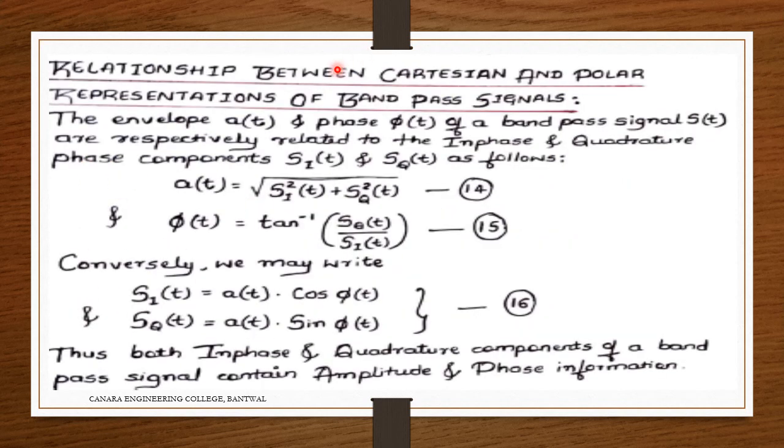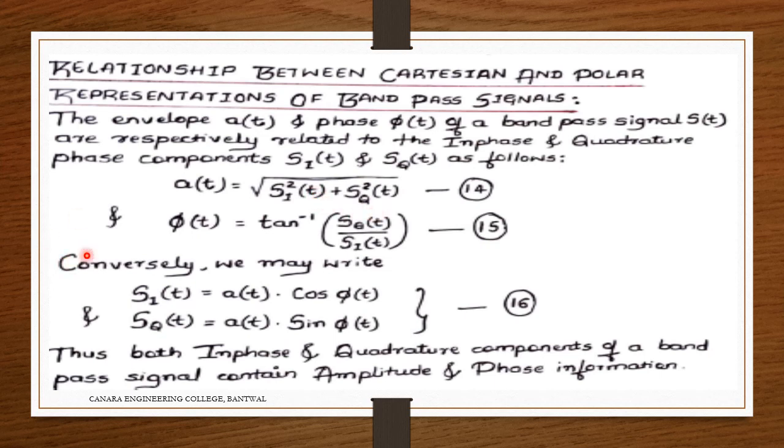Next, the relationship between the Cartesian and polar representation of a bandpass signal. The natural envelope a of t and the phase phi of t of a bandpass signal s of t are respectively related to the in-phase and quadrature-phase components s_I of t and s_Q of t as follows. As I said, a of t is the square root of s_I squared of t plus s_Q squared of t.